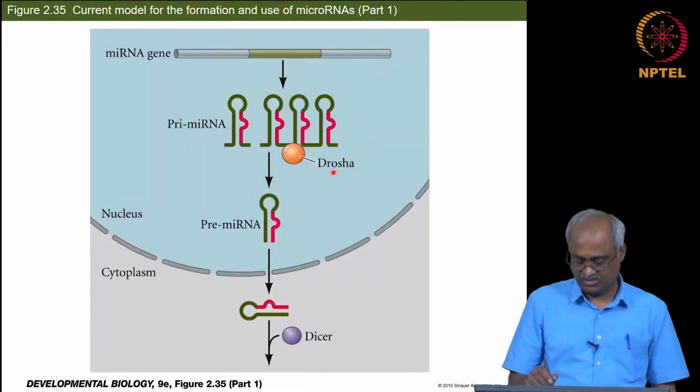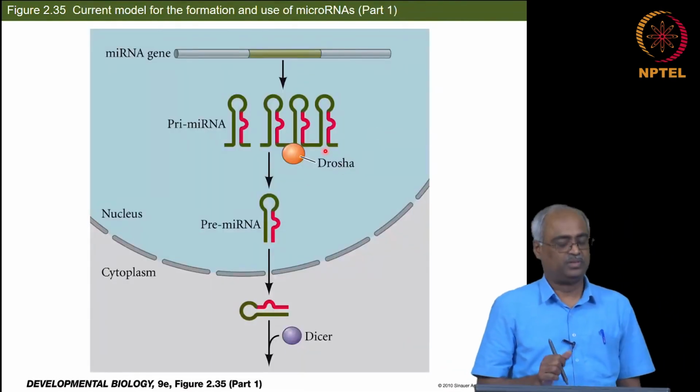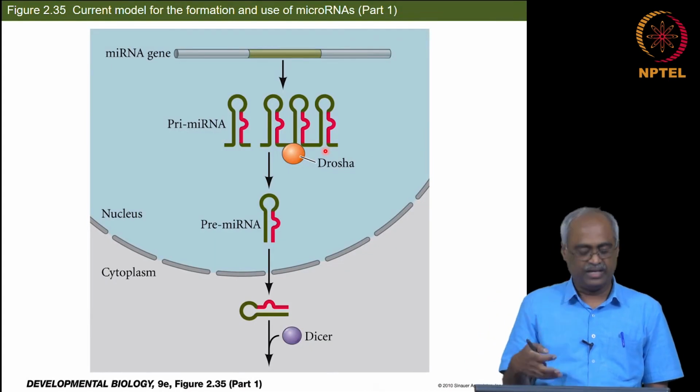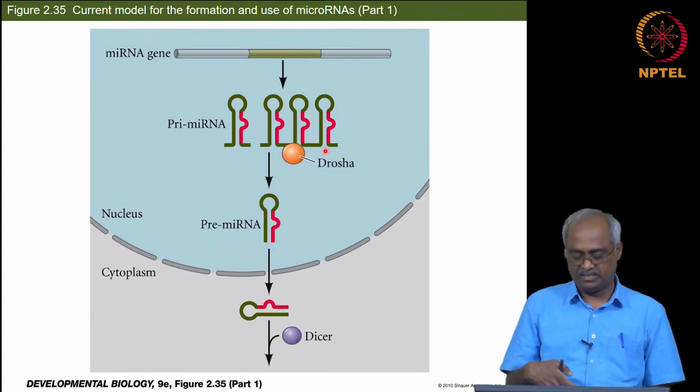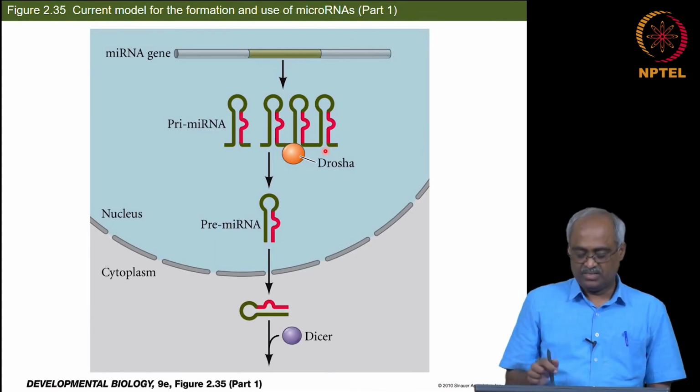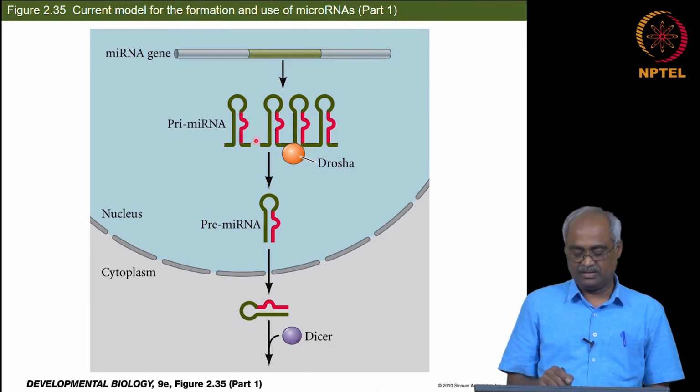For example, Drosha was discovered in Drosophila, where they made cell extracts and did these reactions in vitro. So, these multiple repeats are digested into individual units in the nucleus by Drosha, and that is transported into the cytoplasm.